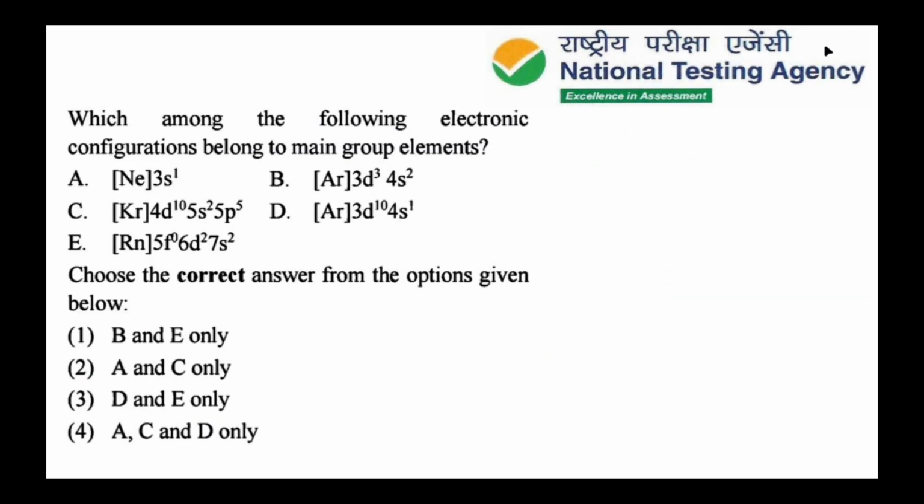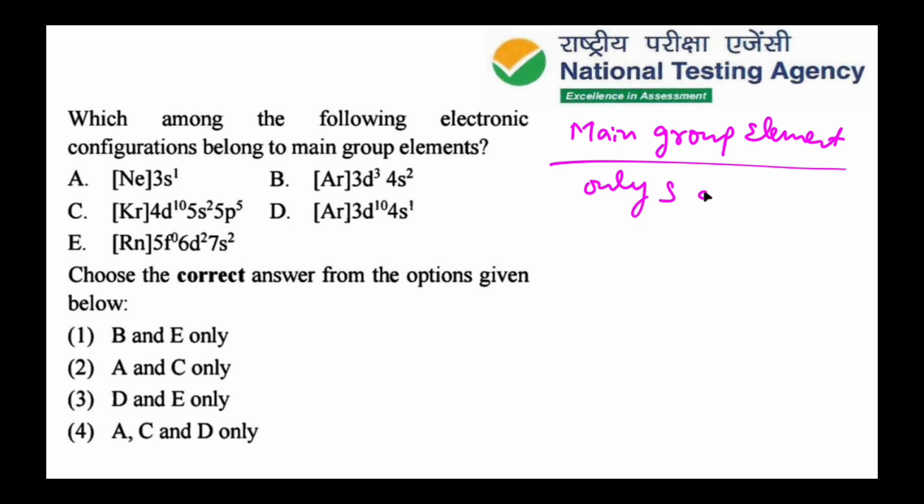Option 3. The next question is: which among the following electronic configurations belong to main group elements? So what is the meaning of main group elements? Main group elements means the elements whose valence shell contains only s or p subshells.